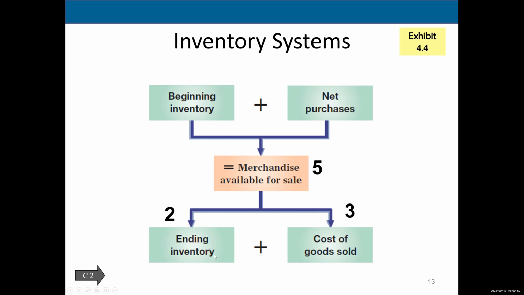And for one of the inventory methods, you're going to calculate cost of goods sold this way. It's amount available of 5 less ending inventory of 2 is cost of goods sold of 3. You had 5 available, you had 2 left. That means you must have sold 3.